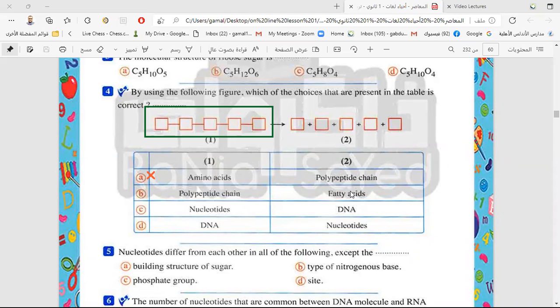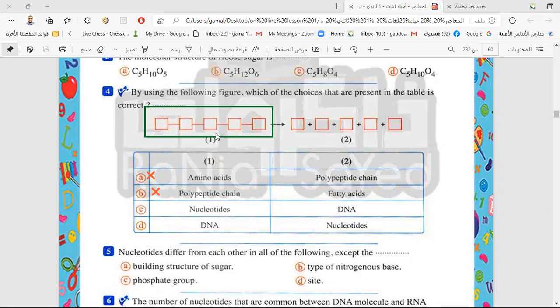Let's see number 2, B. Polypeptide chain and fatty acid. This is a polymer and this is a monomer. But is the polypeptide chain made of fatty acid monomers? Of course not. The polypeptide chain is made of amino acid monomers. So B is wrong. Now let's move to C: nucleotides and DNA.